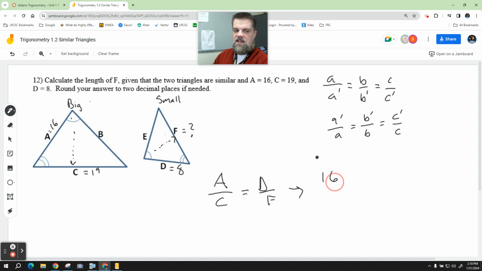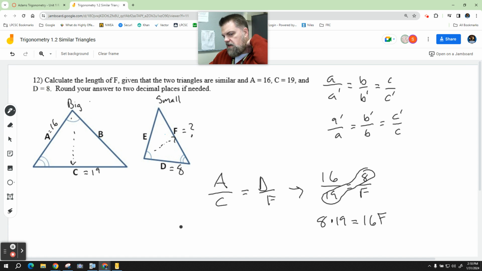A is 16, C is 19, is equal to D, which is 8, all over F. Cross multiply. I'm going to say 8 times 19 is equal to 16F. 72 plus 80, was that 156? 8 times 19? 152.